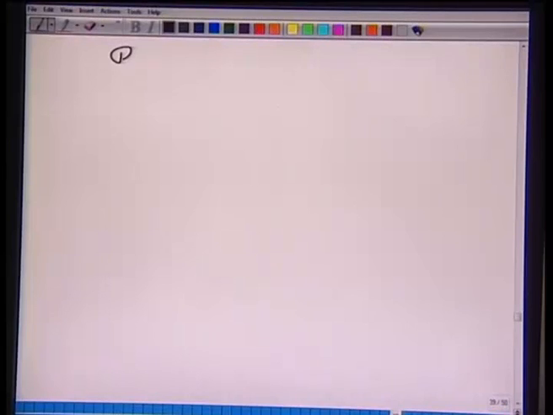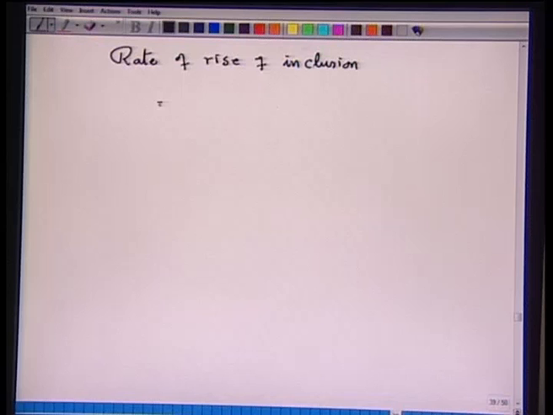Now, the rate of rise of an inclusion depends upon the diameter of the inclusion and the buoyancy force, that is the density difference between the steel and the inclusion, and as such the rate of rise is given by g d squared (rho s minus rho inclusion) over 18 times viscosity.